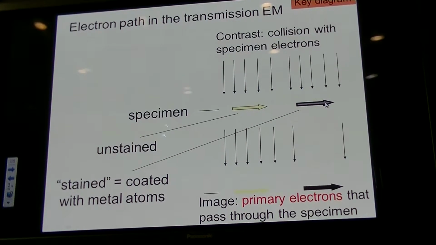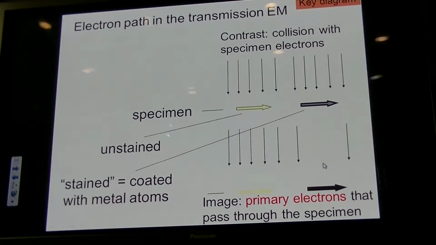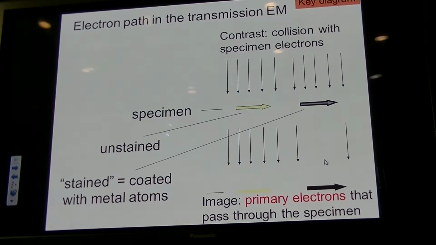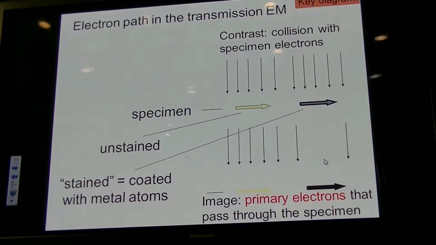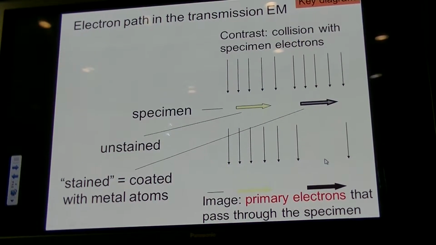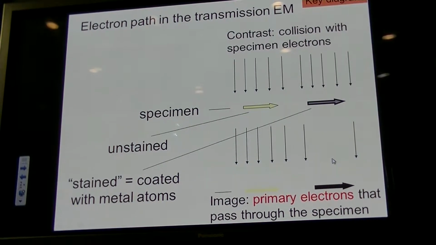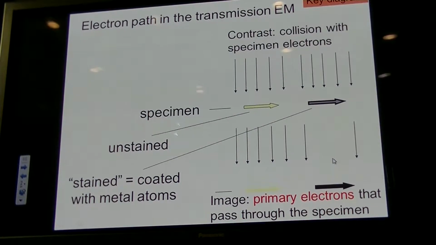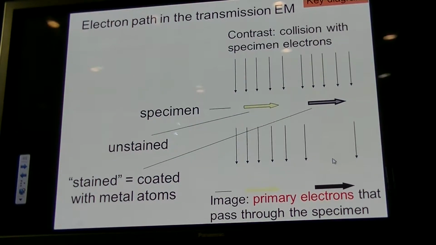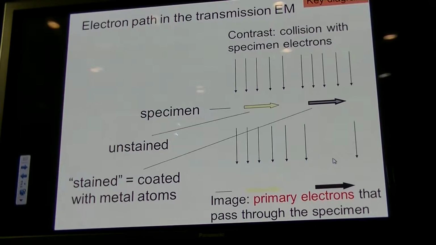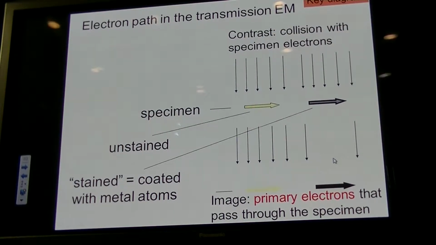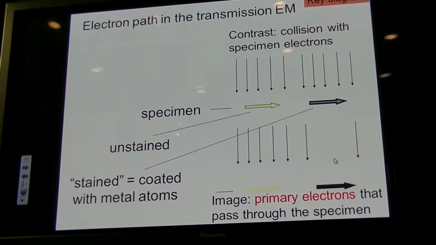They get scattered away and they don't reach the objective lens, and therefore we get a dark spot in the image wherever that happens. So that's how the contrast in the transmission electron microscope is formed. So we're talking here about the transmission electron microscope. Okay, so if we understand this, then we can understand how we see things in the electron microscope.